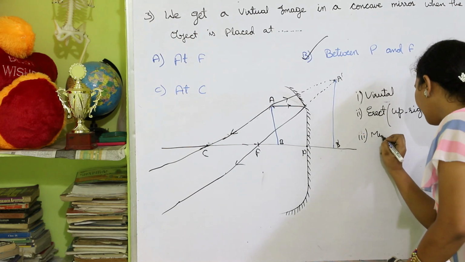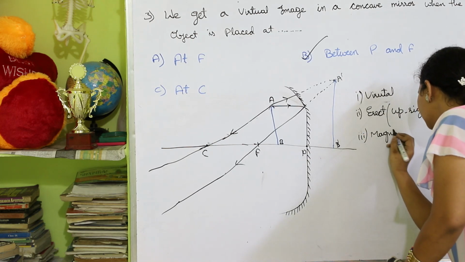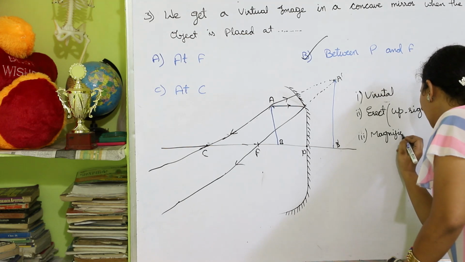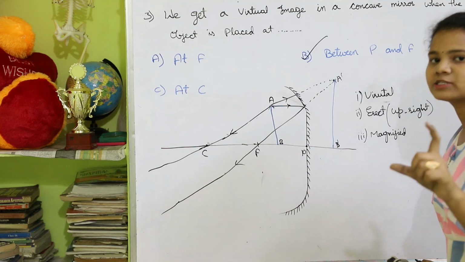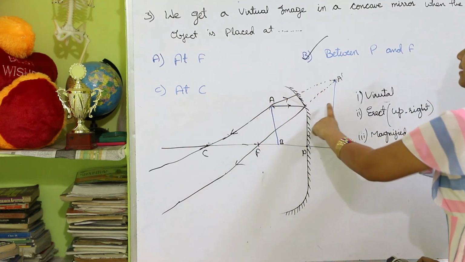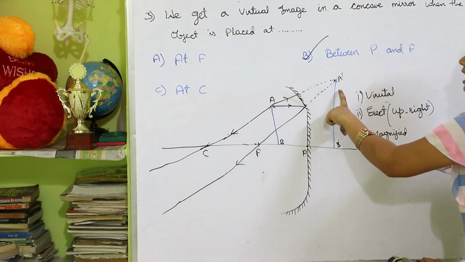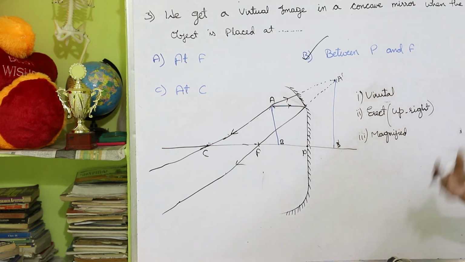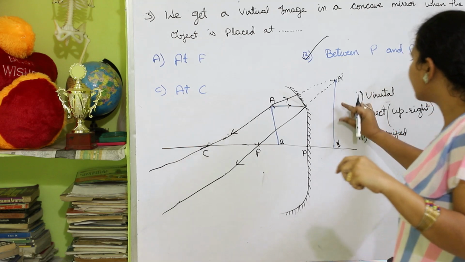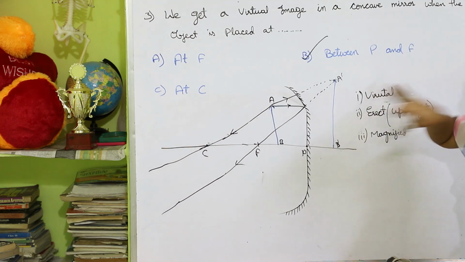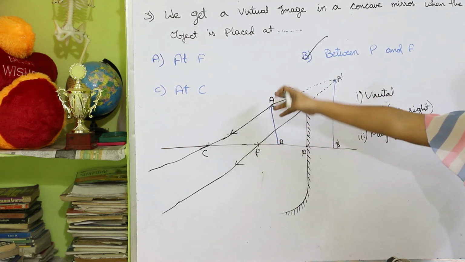Magnified means magnification. Magnified means the image. So this is the object. Object is a little bit smaller. So the object is smaller than the image, right? Image is larger than the object. So here I can say that this image is magnified than this object.